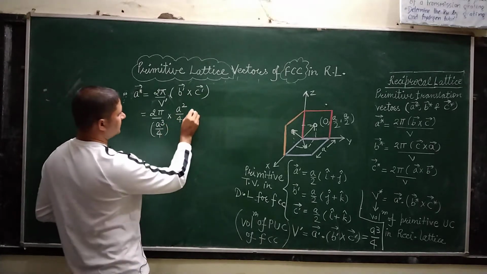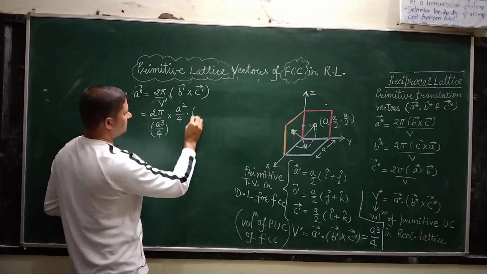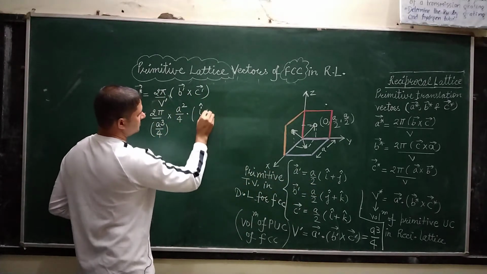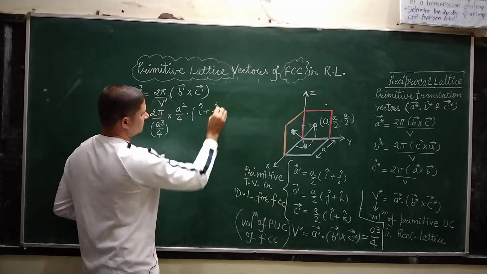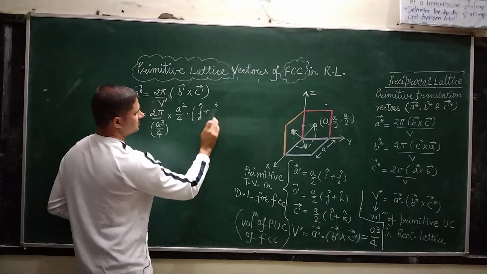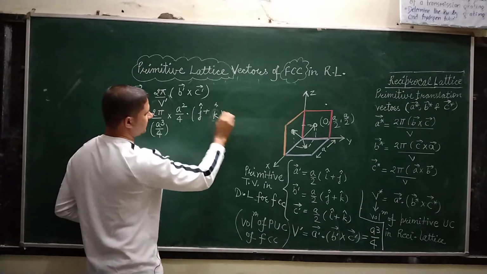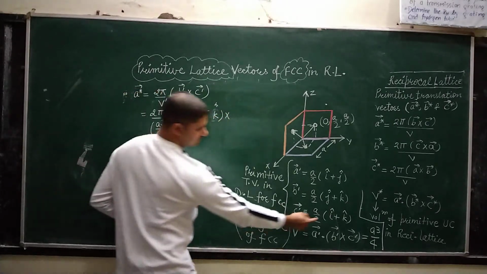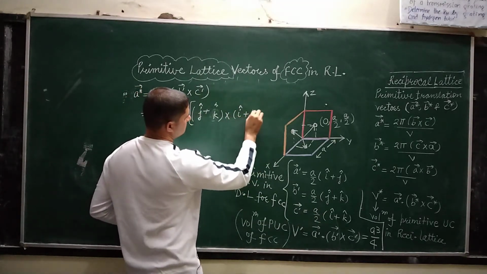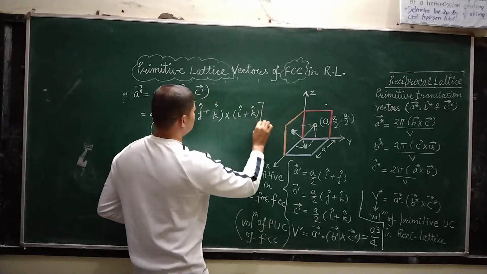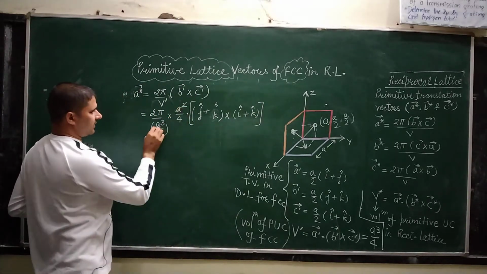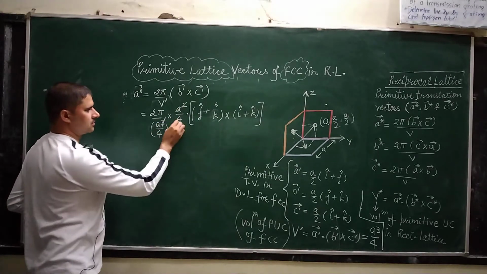You can see here, and then you can take unit vector I, sorry, this is B dash, so this is J, K, and then its cross with this, unit vector I plus unit vector K, bracket close. Okay class, see, this is A square and this is A cube, so it will cancel.